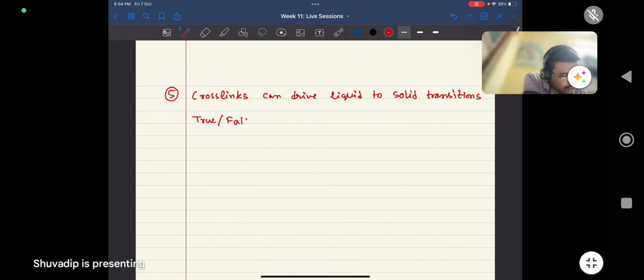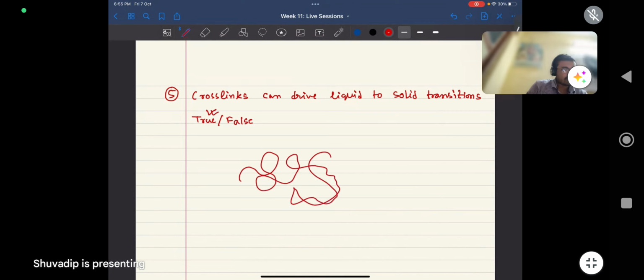So obviously crosslinks can drive this. This is definitely true, because if there are too many crosslinks, that polymer configuration is kind of frozen, because there is not much freedom for the polymer segments, and it is almost like a solid.